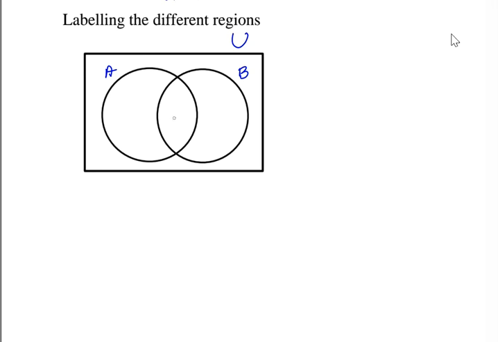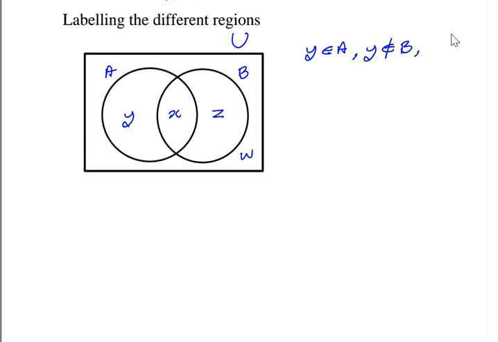So let us say that this is X, this is Y, this is Z, and this is W. Now, the element Y is clearly in A. So I could say that Y is an element of A. Y is not an element of B, however.